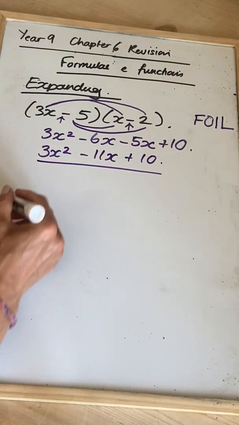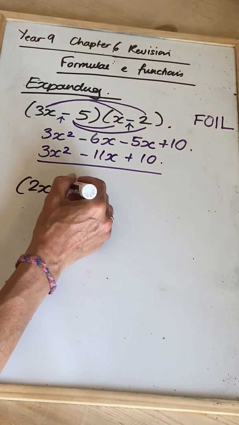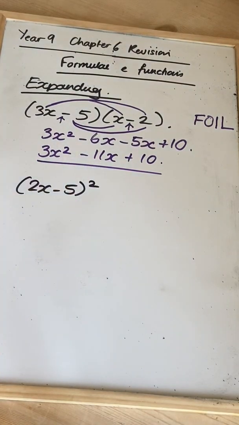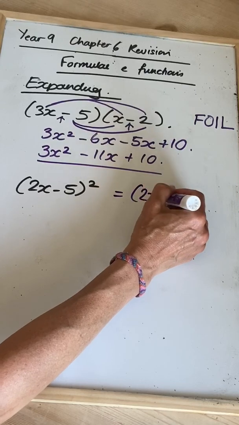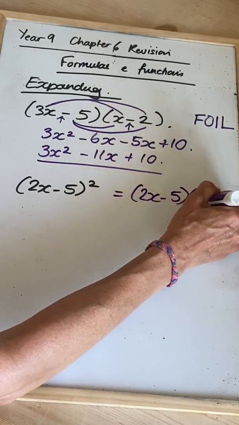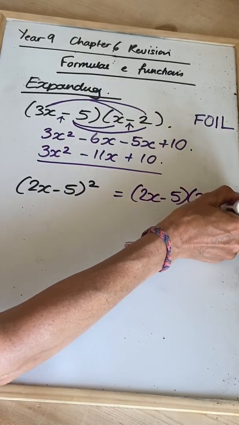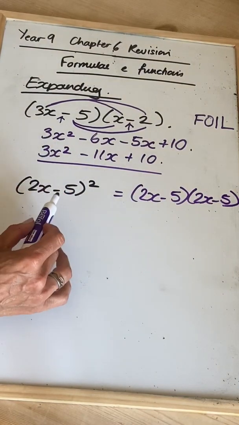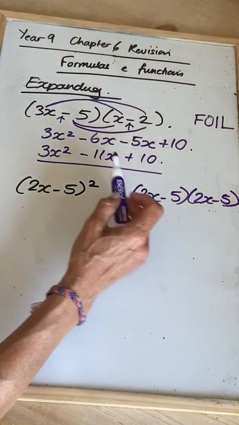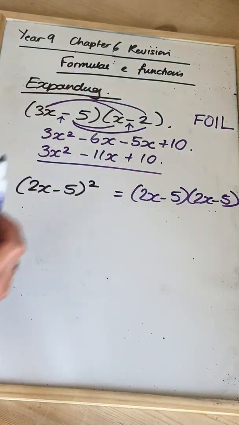Okay, let's do another one. What about 2x minus 5 squared? Now I would call this a perfect square. If you get a question like this one, gents, what I want you to do is to write it out twice, because that will remind you that squaring something means multiplying the whole bracket by itself.